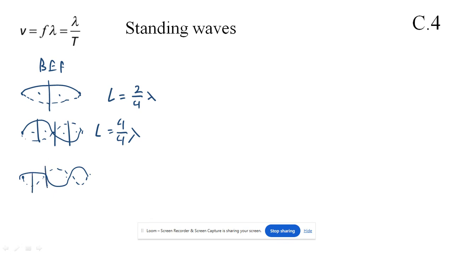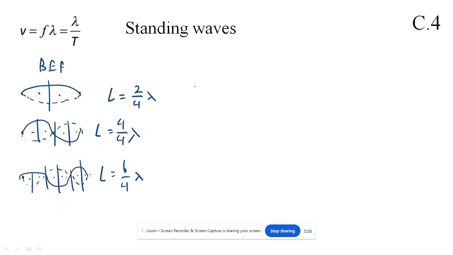This one is six quarters. So half a football is a quarter wavelength. The length here is six quarter wavelengths. Let's say this is 100 hertz, this is 200 hertz, this is 300 hertz.